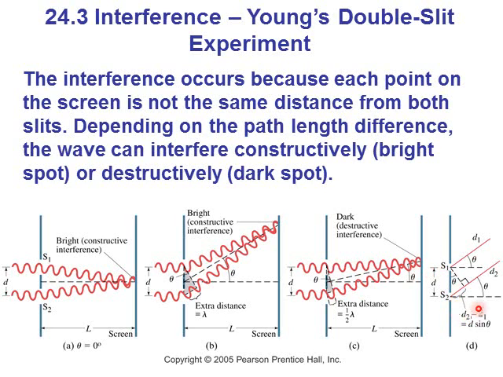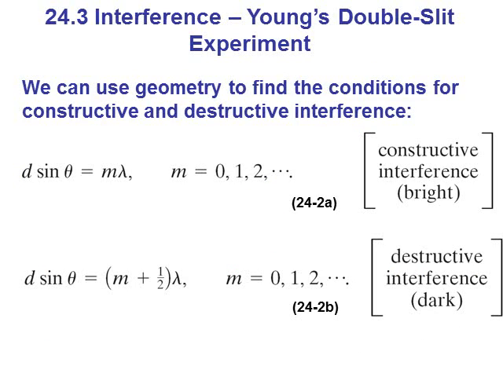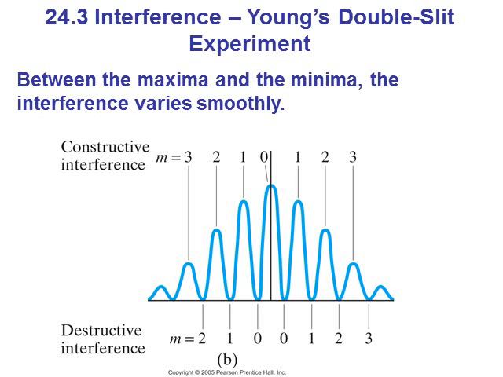And so you can do a little bit of geometry to figure out where you're going to have a bright spot and where you're going to have a dark spot. Your dark spot is going to be half a wavelength off.